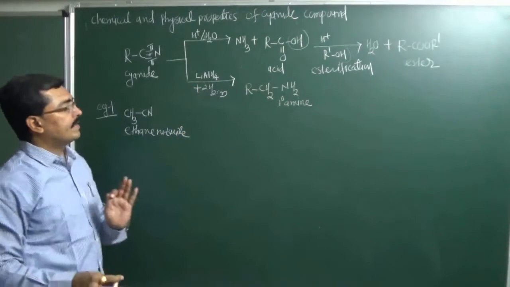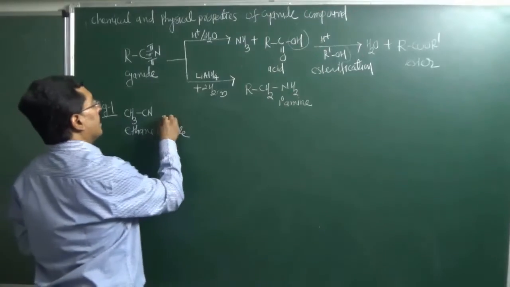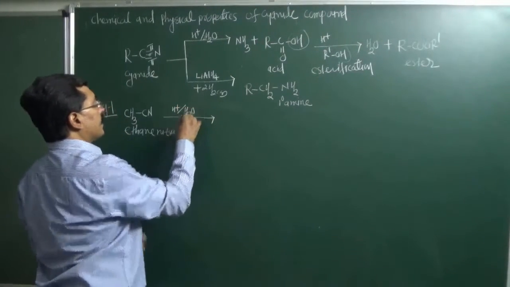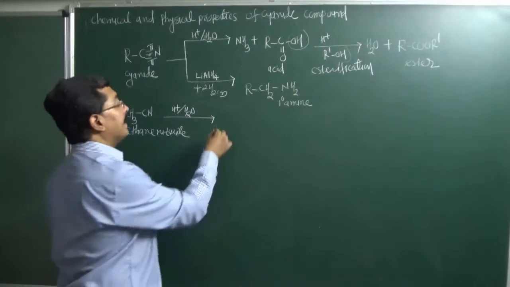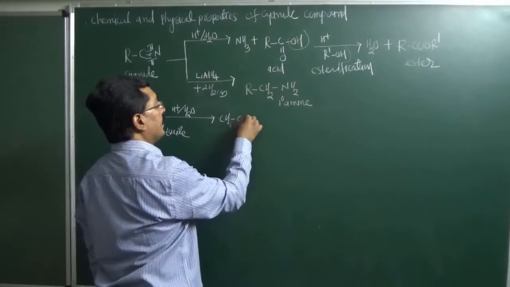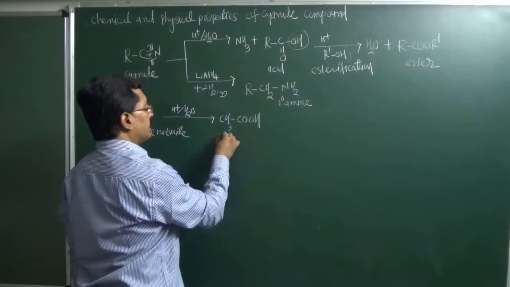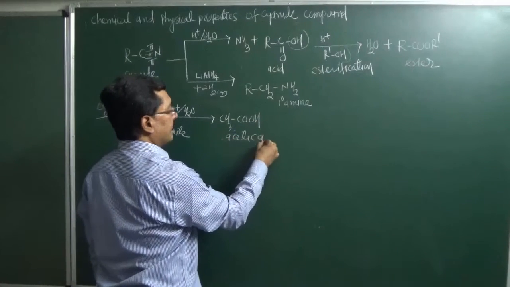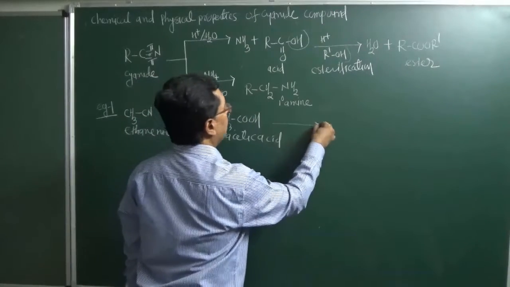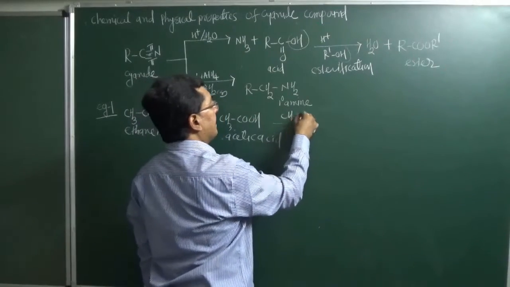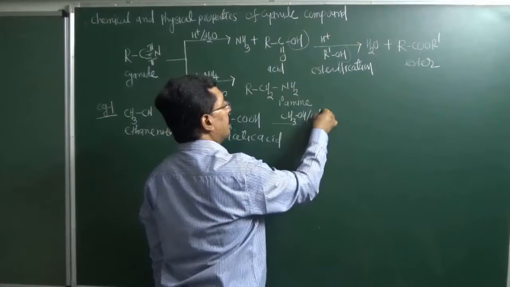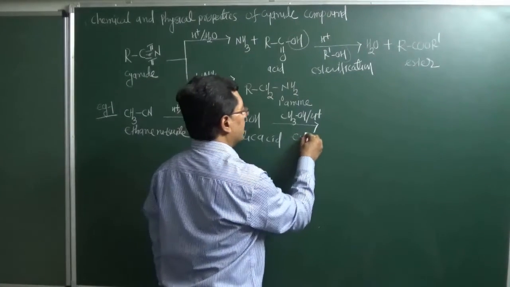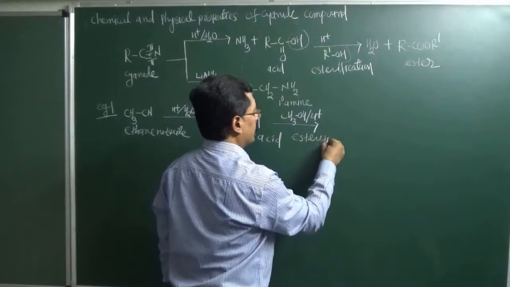Now this ethane nitrile, if hydrolysis is done in the presence of acid, we will get a 2 carbon containing carboxylic acid, which is known as acetic acid. Now whatever acetic acid is obtained, suppose it is allowed to react with methanol in the presence of acid, then this reaction is known as esterification.